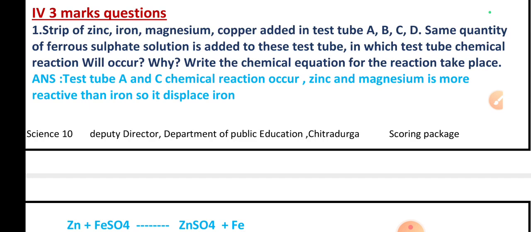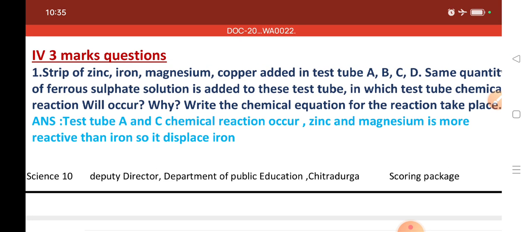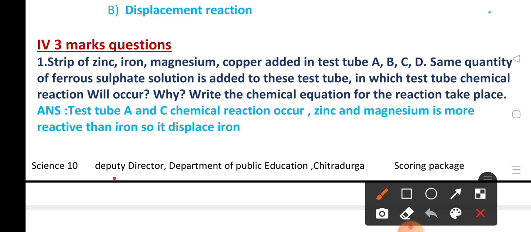Zinc and magnesium are more reactive than iron. That's why they displace iron. That's why a displacement reaction occurs. See, for example, A is zinc, C is magnesium, B is iron.